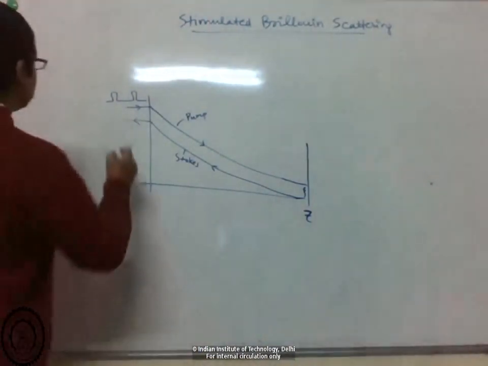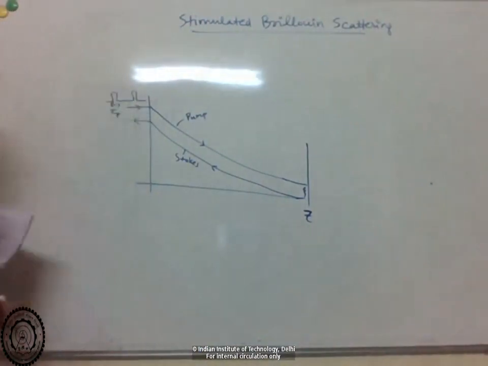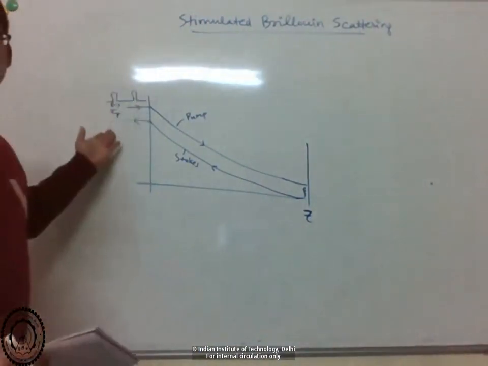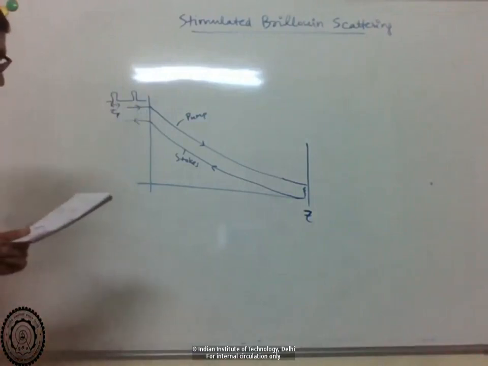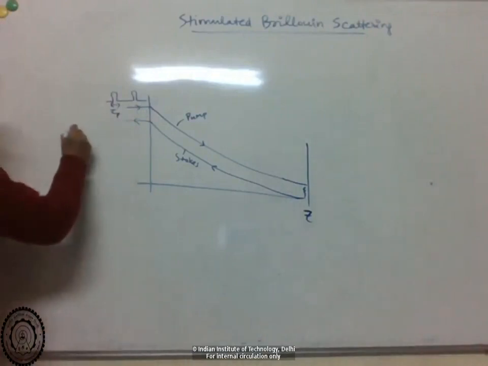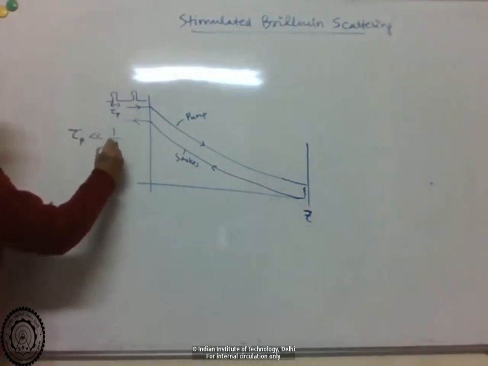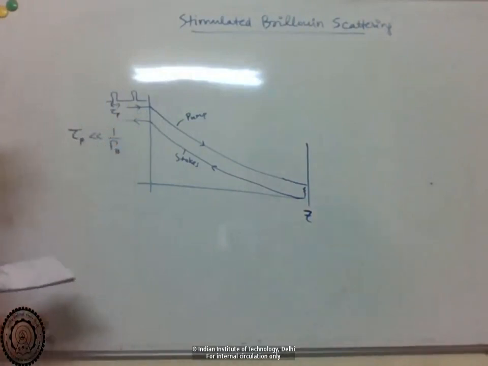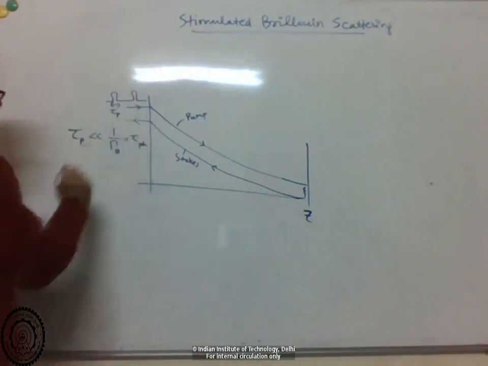Okay, so let's quickly see how that can happen. Right, so basically these pulses have some duration, right? Which, for example, depends on my data rate, right? So if the pulses have a duration which is smaller than the inverse of the Brillouin line width, or as you remember, the phonon lifetime, right?